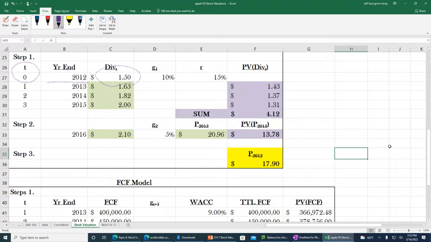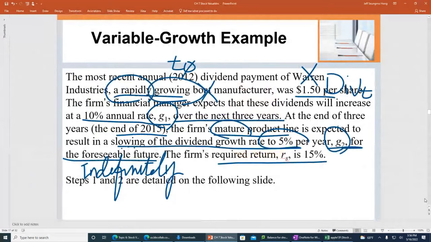And after 2015, 3 years later, from 2016, it's going to grow at the slow rate of 5%. And again, when the company goes into a slow constant growth phase, what does that mean?